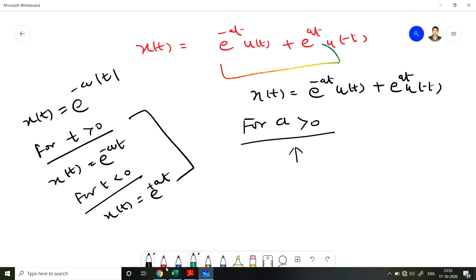So let us plot x(t). When a is greater than 0, this is a decaying exponential on the positive side, and this is a decaying exponential on the left-hand side. So the graph should be like this. This is the x(t) graph.